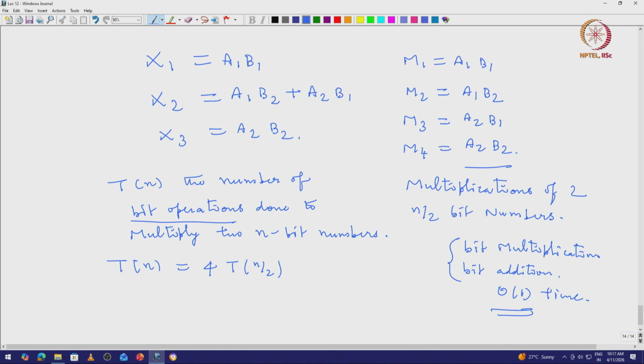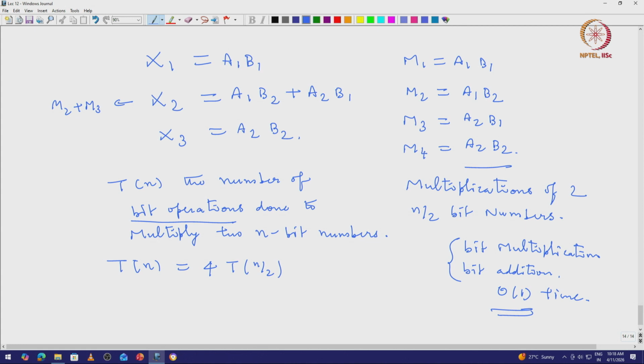After multiplying I have to add m2 and m3 to get x2. What is x2? x2 is m2 plus m3. These are 2 n bit numbers, right. And m1 is as such x1 and m4 is as it is x3.